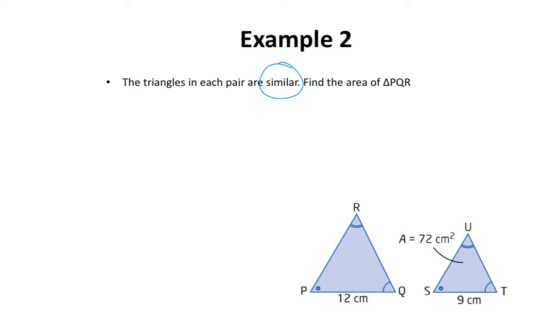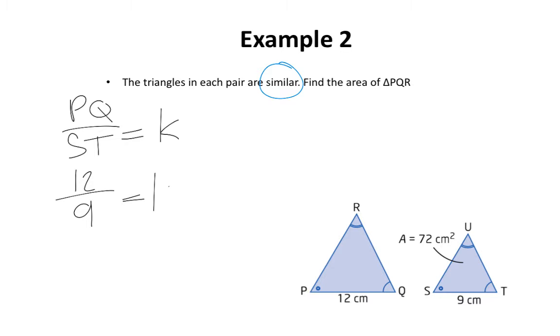So let's set up our ratios. So we only know PQ and ST. So I'm going to set up a ratio PQ over ST, and that's going to be equal to our k value, our scale factor. At this point, all you need to do is substitute in your values. So I'm going to put in 12 as PQ and ST is 9.